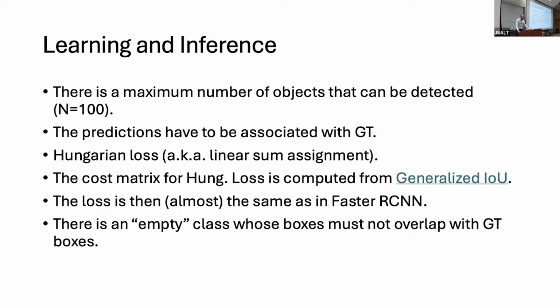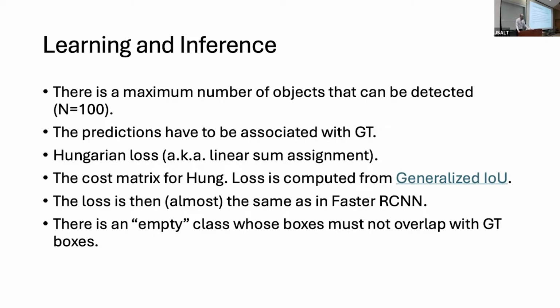So you build a cost matrix, and you have your 100 hypotheses, and then you have your number of GT boxes, and you just compute the optimal assignment. So we are finding an assignment of your predictions to the ground truth objects that produces the lowest cost, and the cost is computed from generalized IOU.